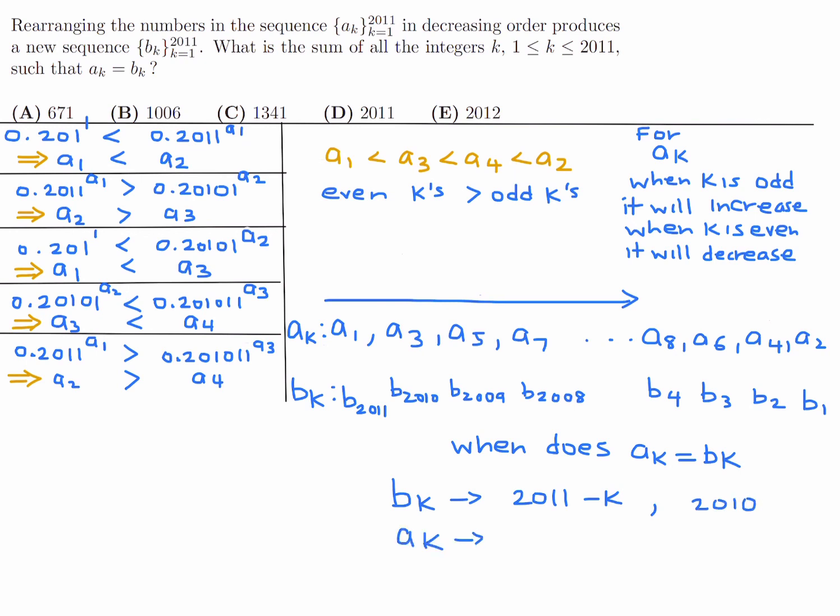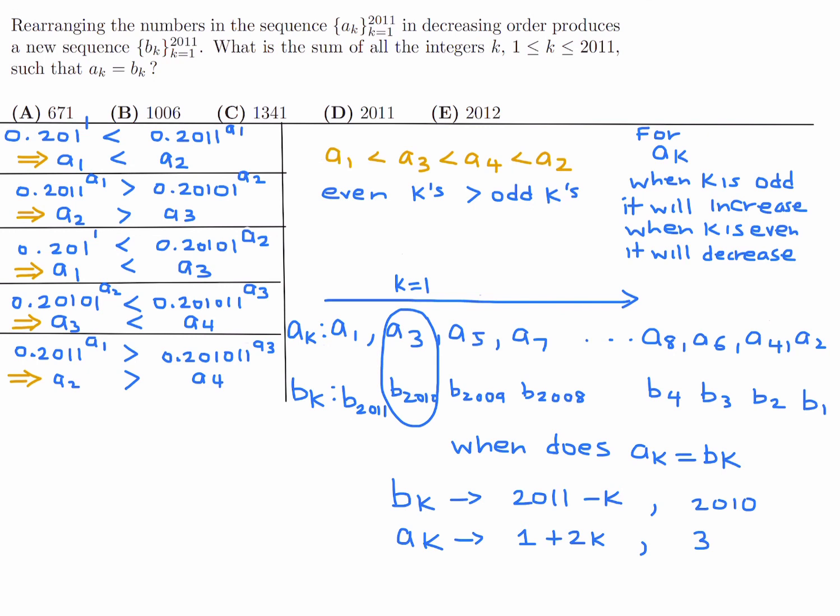And then AK behaves as follows. Each A, it looks like it's just odd numbers initially. So it's behaving as 1 plus 2K. So for example, when K is 1, it's going to be 3. So as you can see, when K is 1, that's this scenario right here.